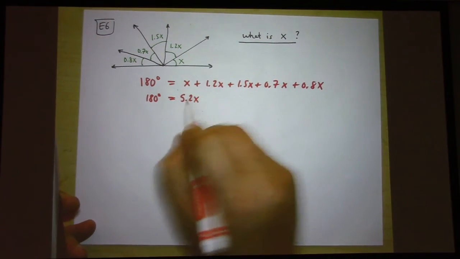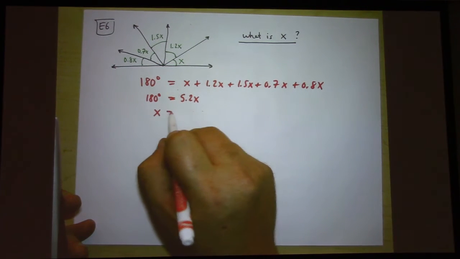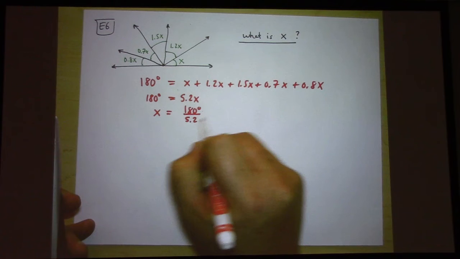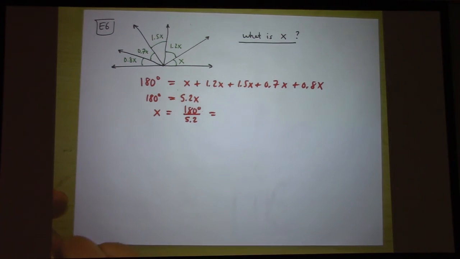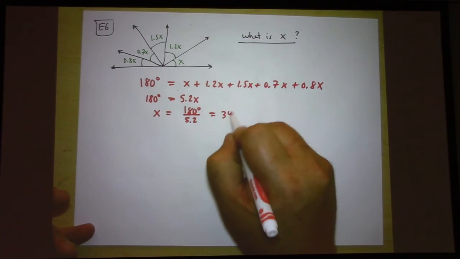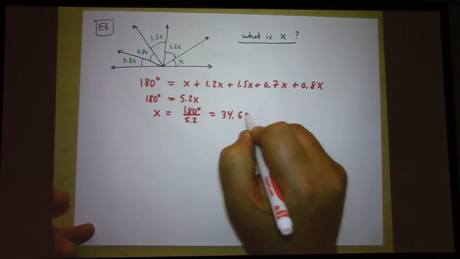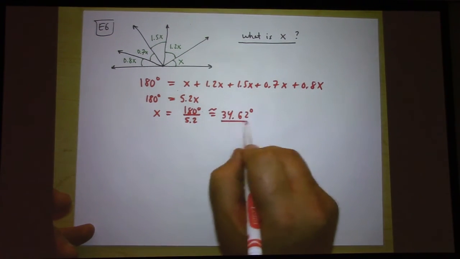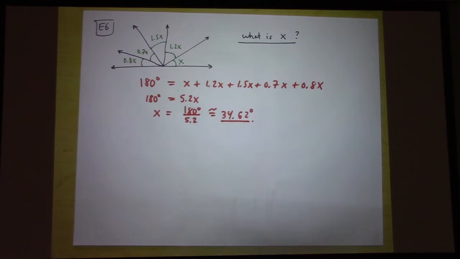So therefore x is equal to 180 degrees divided by 5.2, also known as 34.62 degrees, approximately speaking. I just rounded off to the hundredths place there, okay?